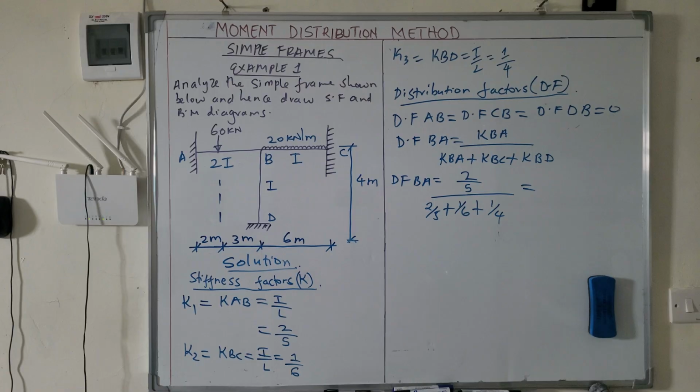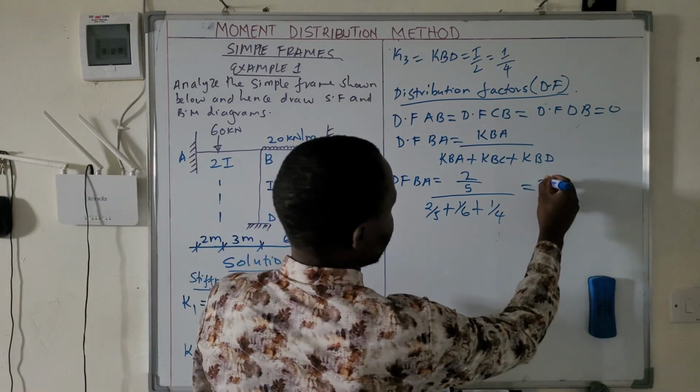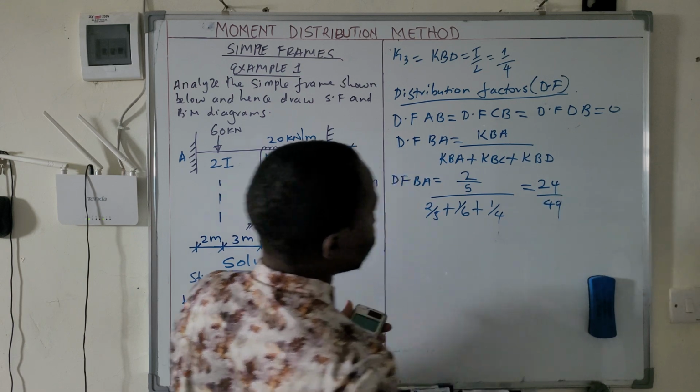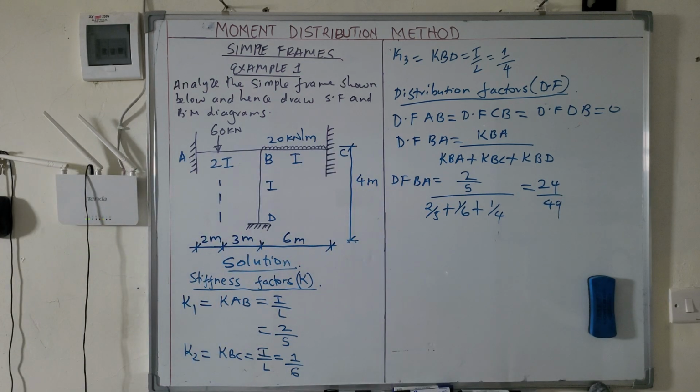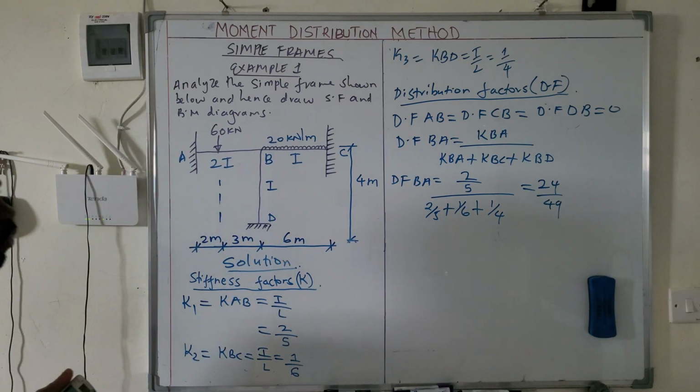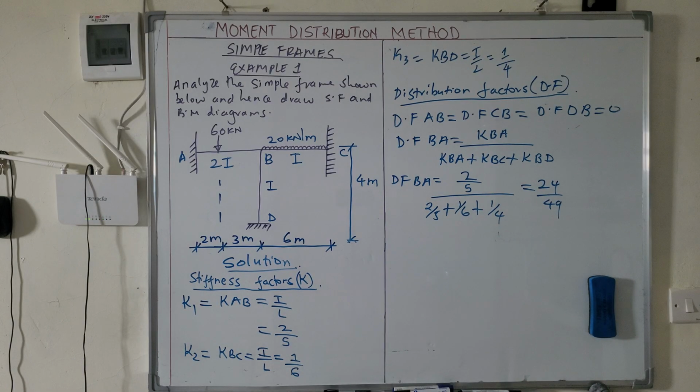So the answer is 24 over 49. So I will encourage you to use fraction and not decimal places because the fraction will give you accurate answer, and decimal places, if you keep on rounding and rounding your answers, it may not give you the accuracy in your answer.